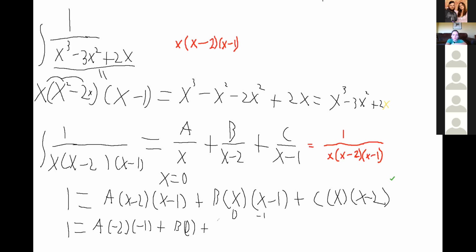In the same case for c, that's just 0 multiplied by negative 2, which also equals 0. And then if we solve for that, 1 equals, so these two make just positive 2. So if a times 2, then we just divide by 2. That would mean a is equal to 1 over 2.